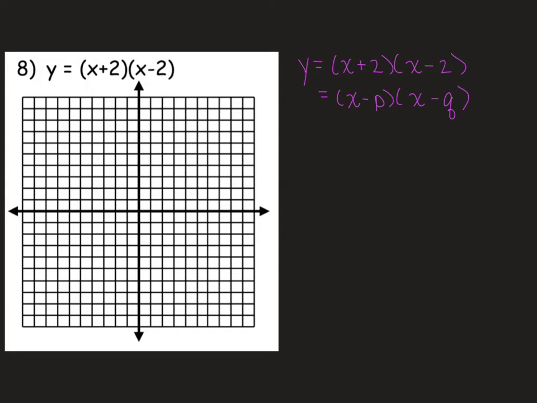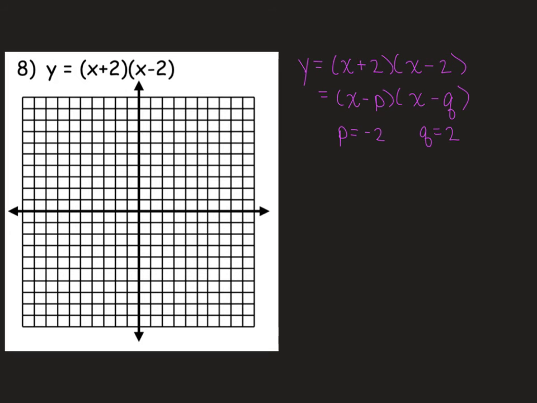Now that I know that that's what it's mimicking, I know that my p is going to be -2, and that's because I saw a +2. If you plug that -2 in, it becomes +2. Our q is going to be just 2, because I see a -2. It's a little confusing with the signs, but just take your time and be really aware of the negative signs.